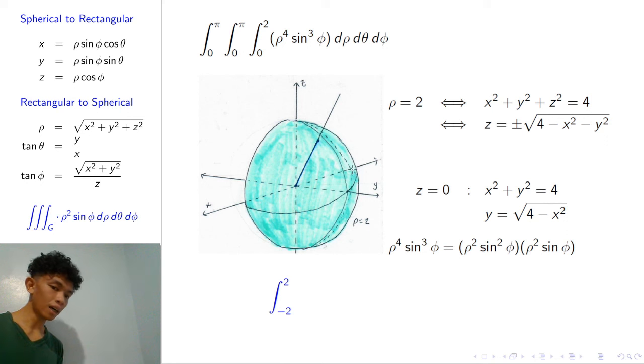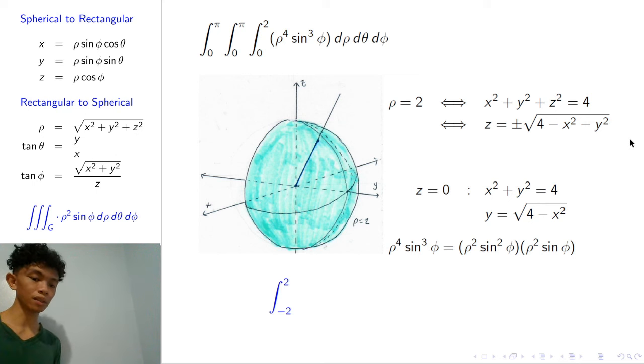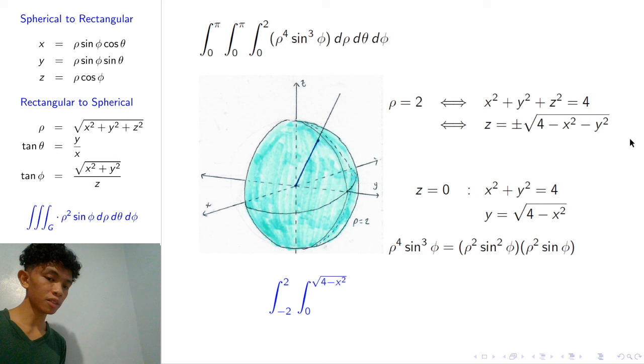For y, again, you'll have from 0 up until this semicircle, which is given by square root of 4 minus x squared. So you'll have this for your limits of integration for y. And your z will run from here to here, from the lower portion of the hemisphere to the upper portion of the hemisphere, which is given by negative and positive square root of 4 minus x squared minus y squared respectively.